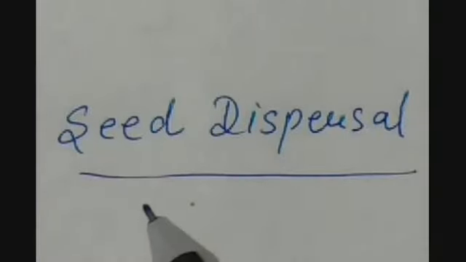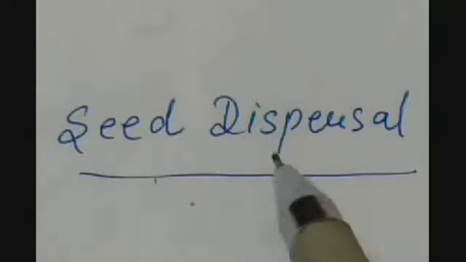So complete development of seedlings cannot take place. So what happens? Seeds and fruits are widely distributed and dispersed over a large area, and this process is called seed dispersal.